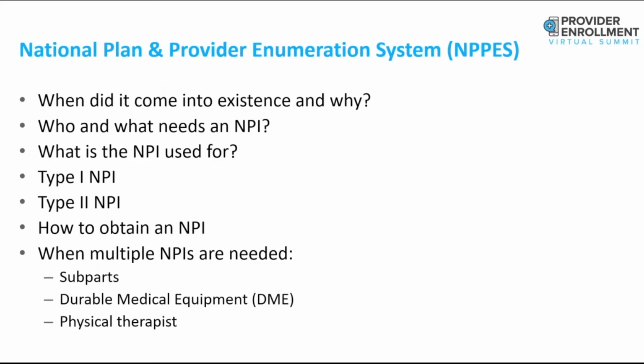So before I get into explaining what a subpart is, let's talk a little bit about a Type 1 NPI and a Type 2 NPI. Basically, the easy way I explain it is that a Type 1 NPI is tied to a human being, a social security number. That is what a Type 1 NPI is for.